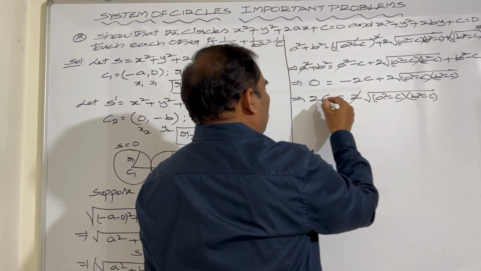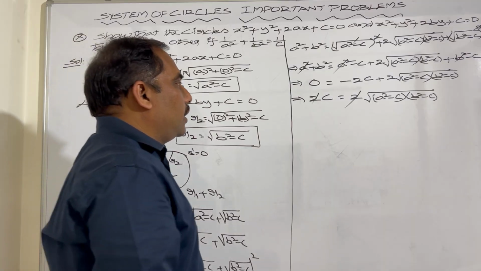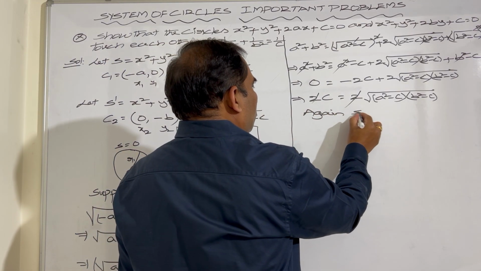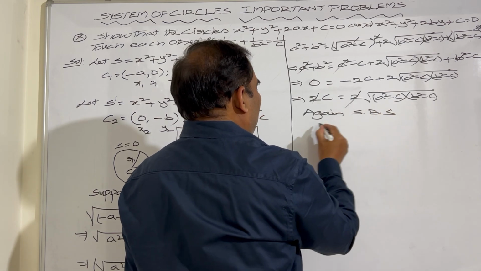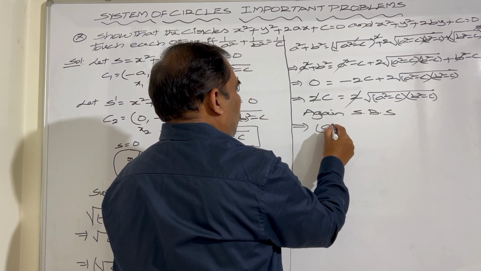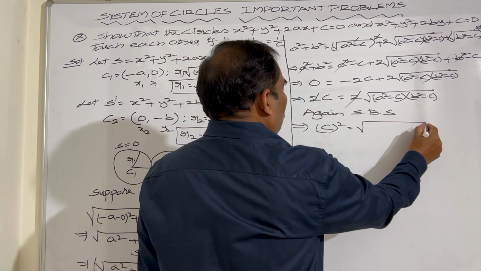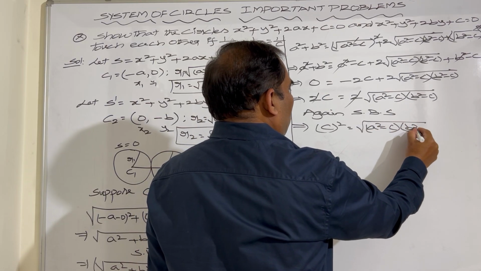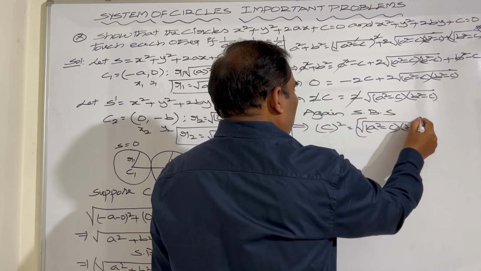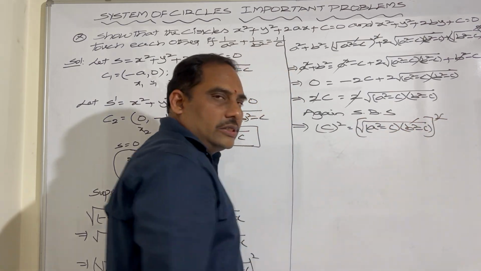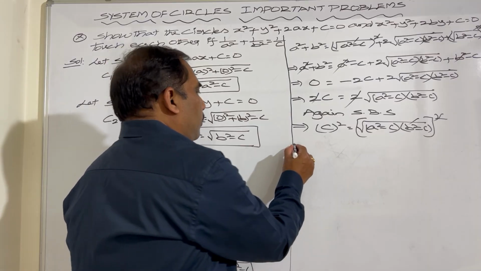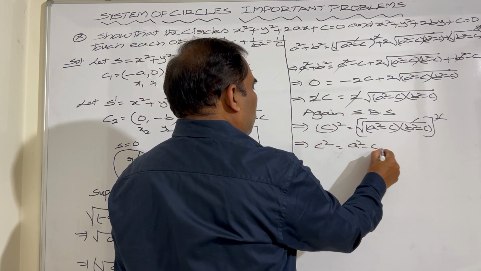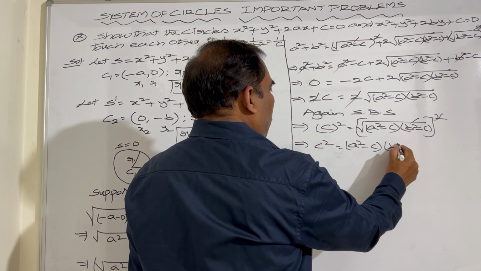So now here 2 gets cancelled, again squaring on both sides. Then we get c whole square is equal to root over a square minus c into b square minus c, whole square. Then the square and root get cancelled, so we have c square is equal to a square minus c into b square minus c.